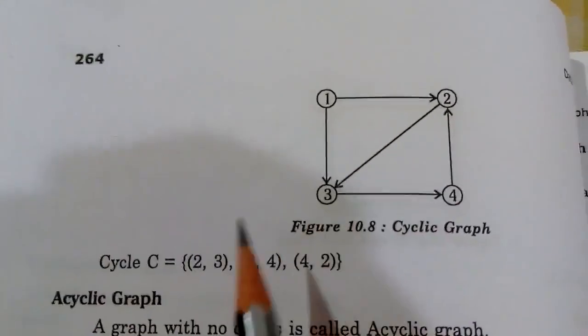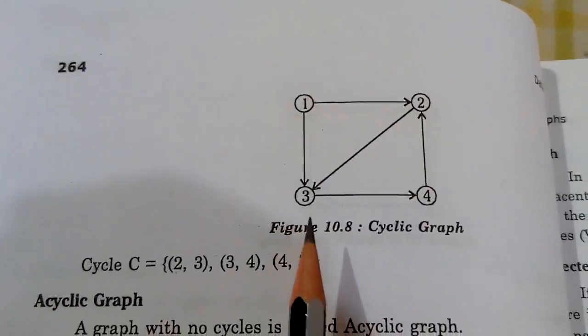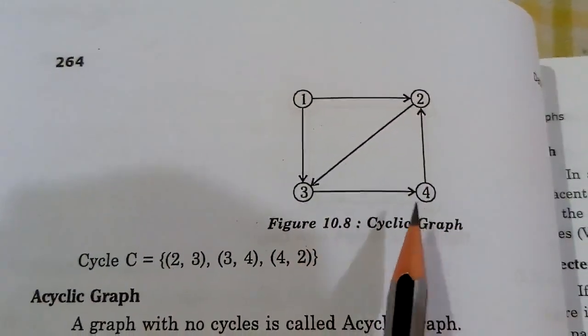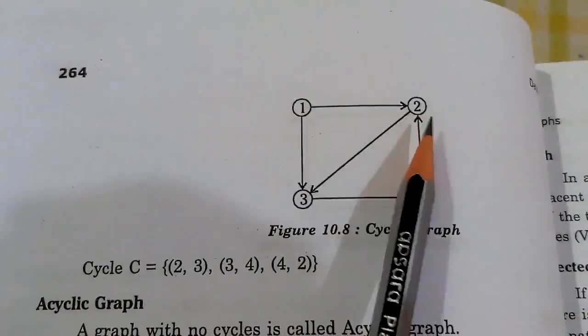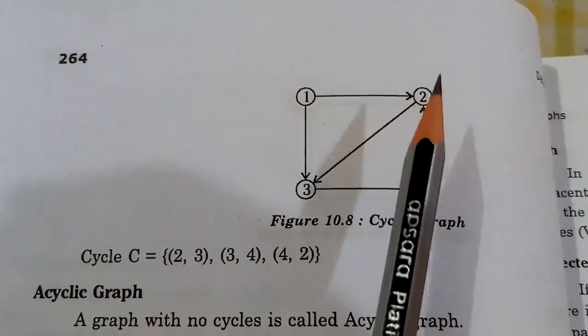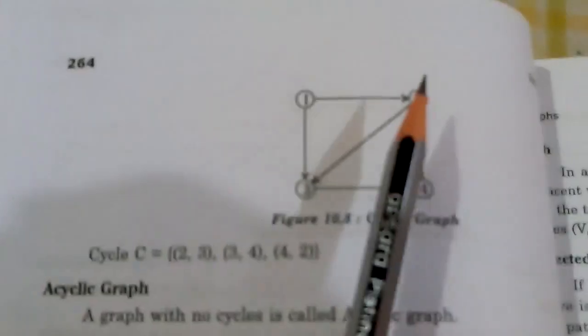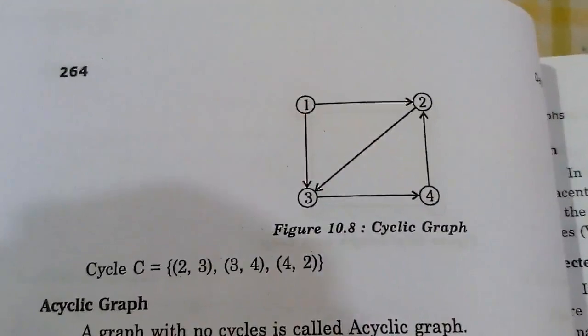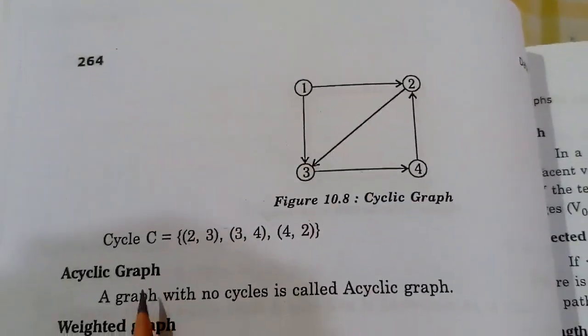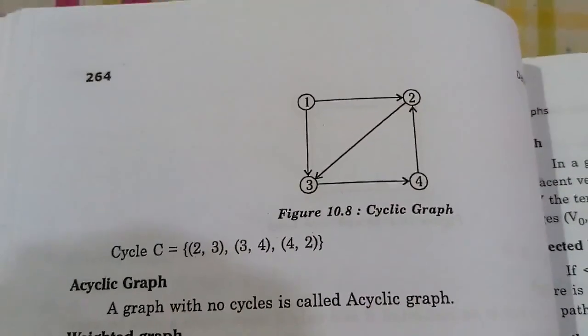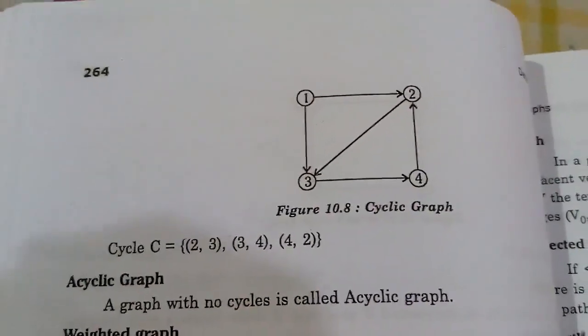Cycle C = 2 to 3, 3 to 4 and 4 to 2. Starts and ends at the same vertex. Next, acyclic graph. A graph with no cycles is called an acyclic graph.